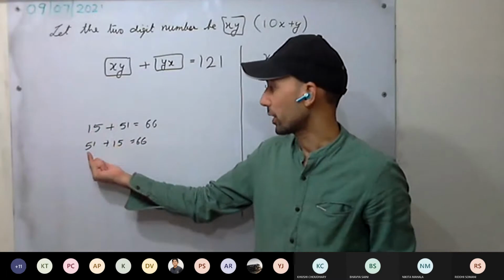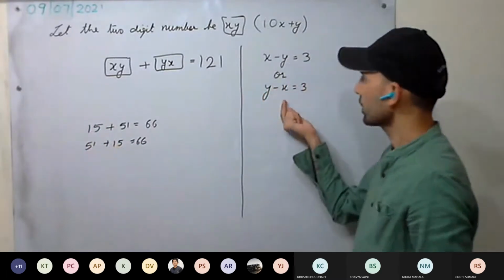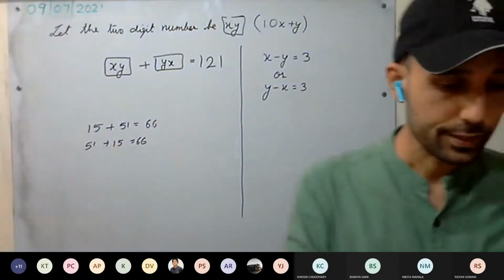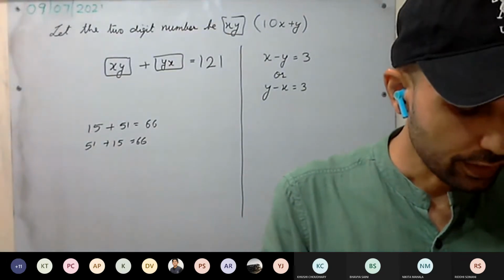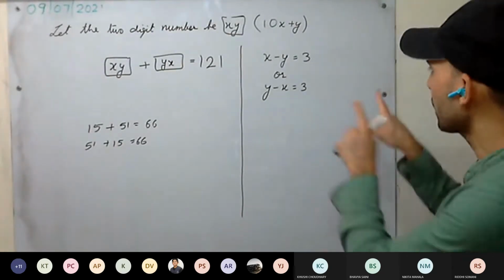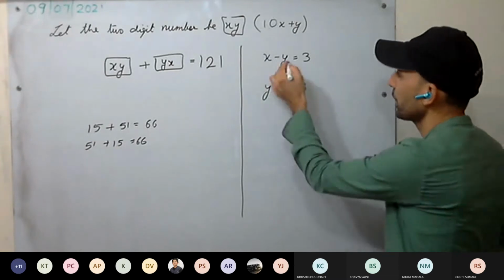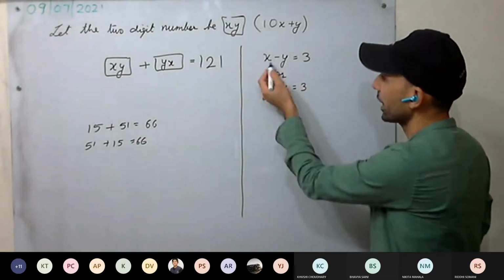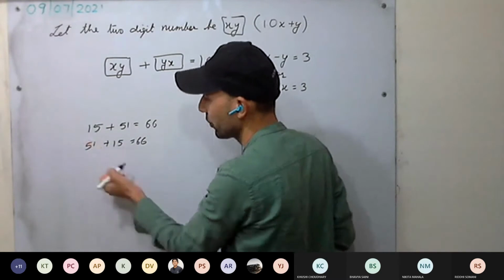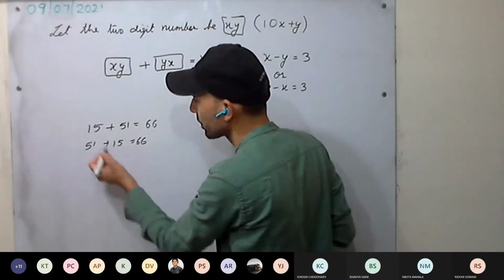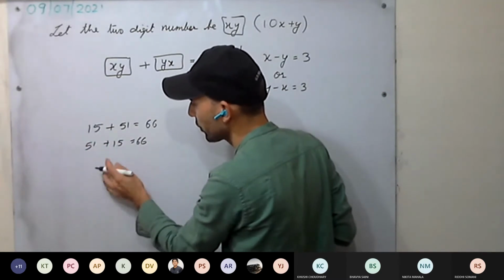Okay. And here in the second part, it is written if the digits of the number differ by 3. They differ by 3. It means x minus y or y minus x. The same I can say they differ by 4.